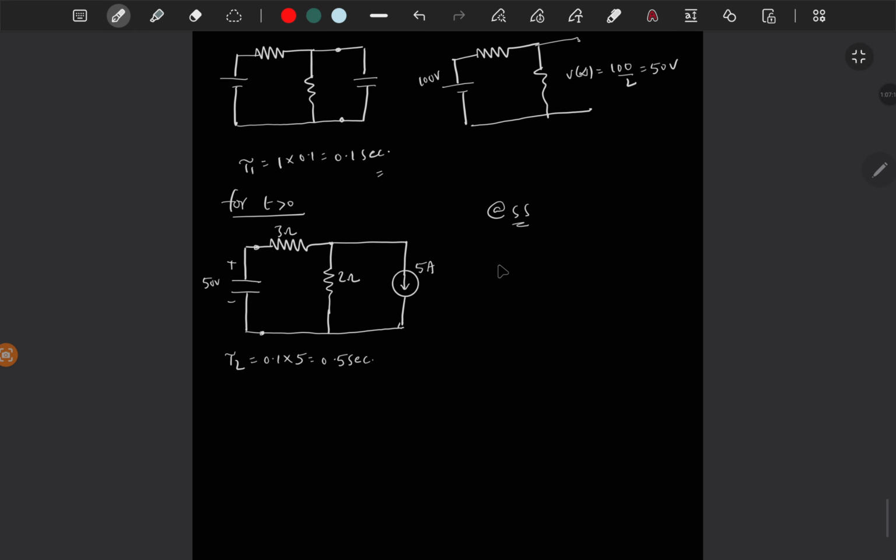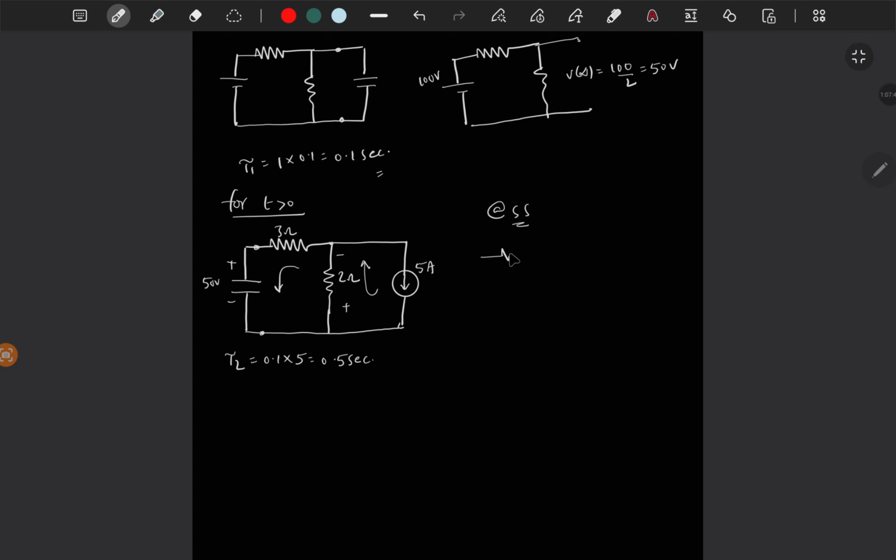And here at steady state, it will be open circuited. I'm directly writing this will be open circuited. So there is no current flow further. So if there is no current flow, then this complete 5 amps will flow in this direction. So you will get the voltage across this 2 ohms resistor like this, which is the same as the voltage across the capacitor.